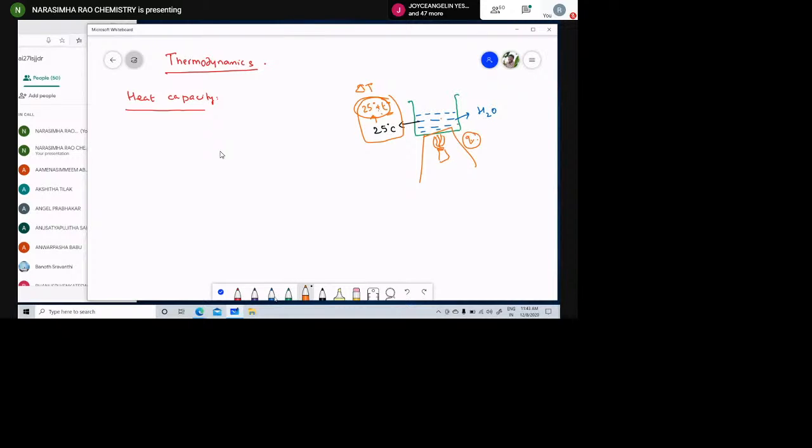Now here Q is equal to change in temperature into C. It's clear, children. Here C is heat capacity.